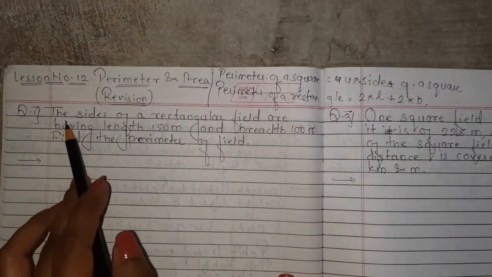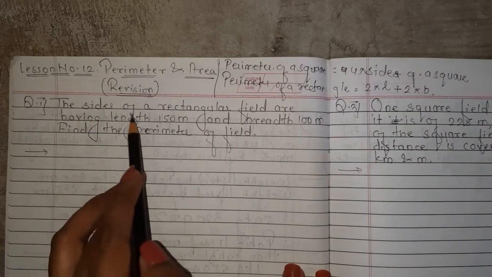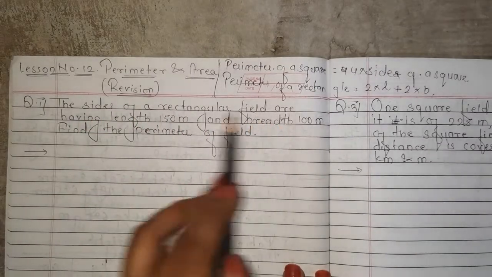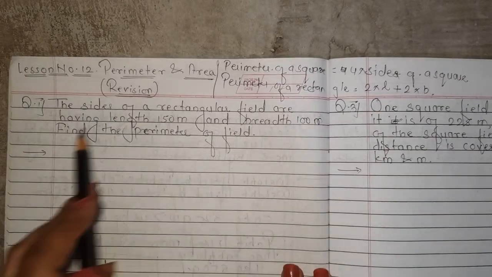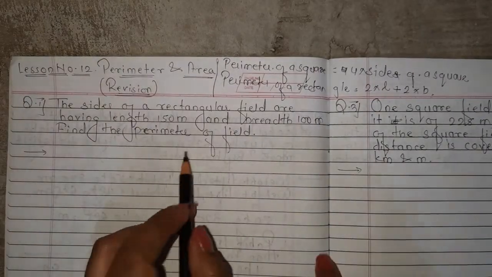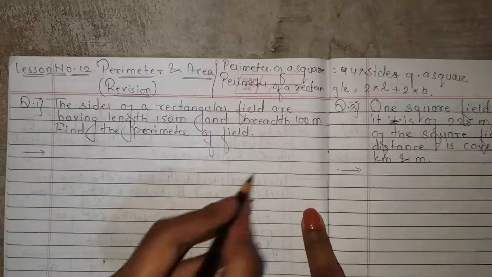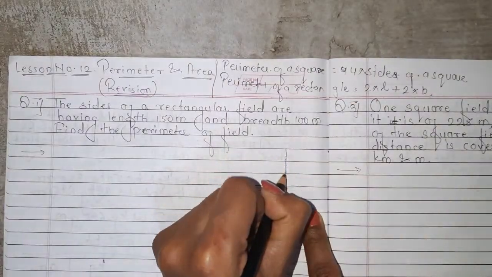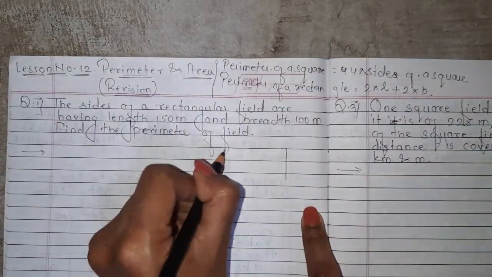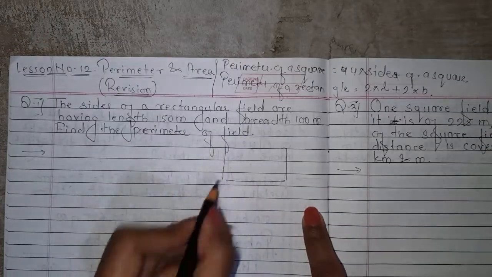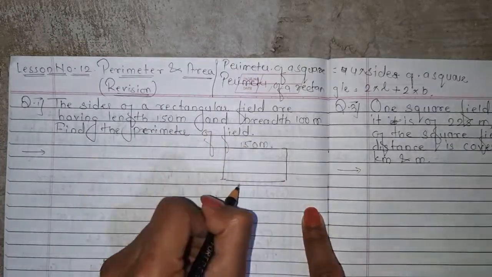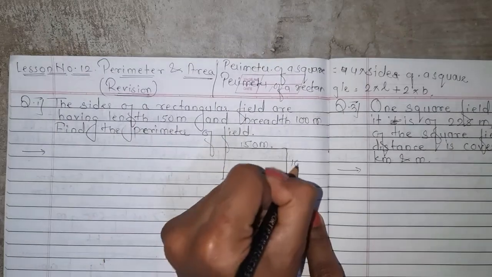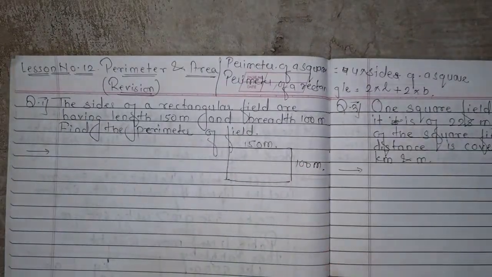First, question number 1. The sides of a rectangular field are having length 150 meter and breadth 100 meter. Find the perimeter of the field. Now, what they have given, there is a rectangular field whose length is 150 meters and breadth is 100 meters.